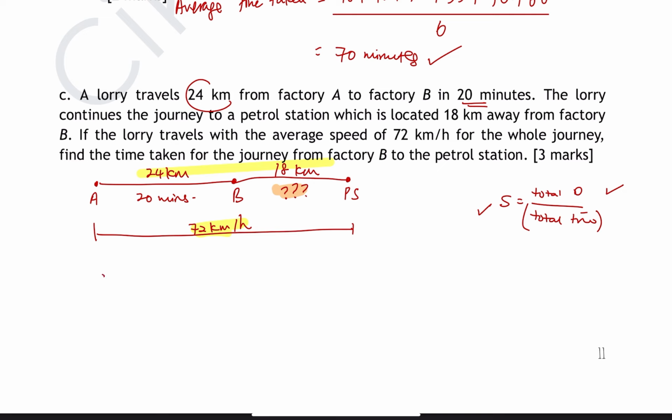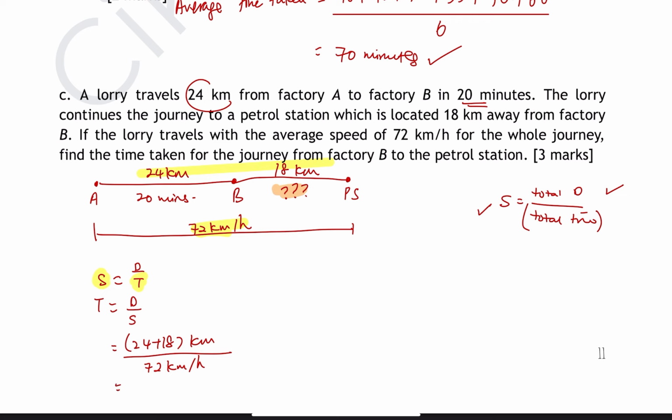Okay, so if speed equals d over t, to get your t, you again interchange your denominator and numerator. You have d over s. Okay, so in this case, your d is 24 plus 18 km, and your speed is 72 km per hour.